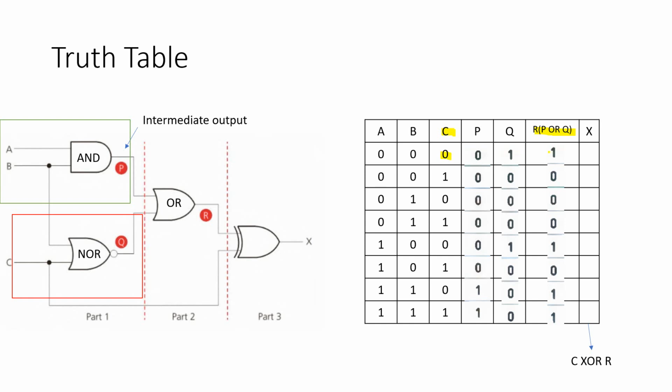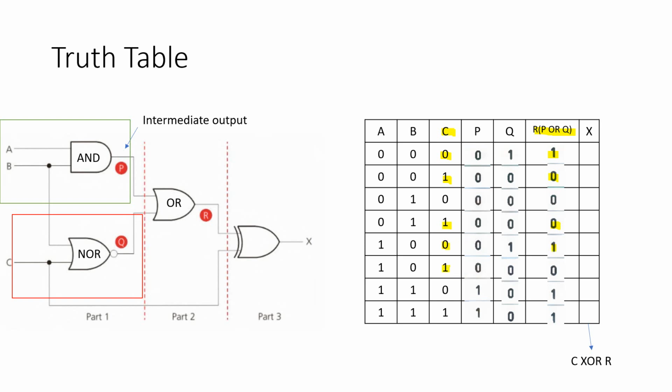I'm just marking the things which are different, okay? So here 0 is there, and 1 is there, so I marked it as different. In the next row I see a 1 and a 0, I marked it as different. There is 1 and 0 which is different. There is 0 and 1 which is different.